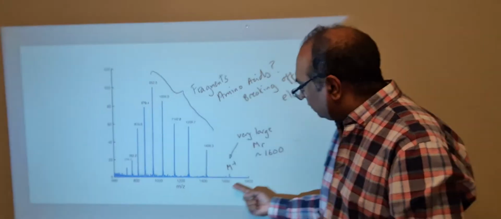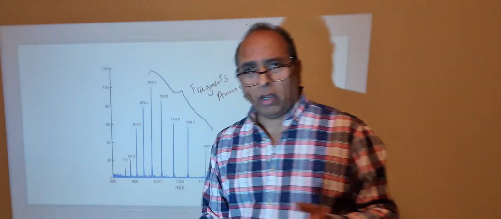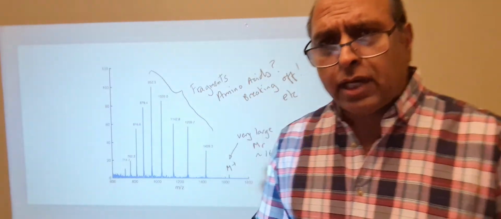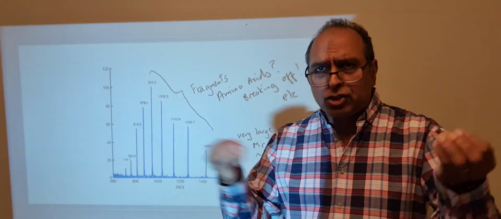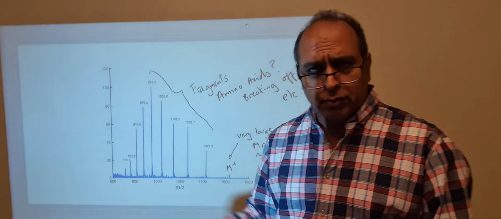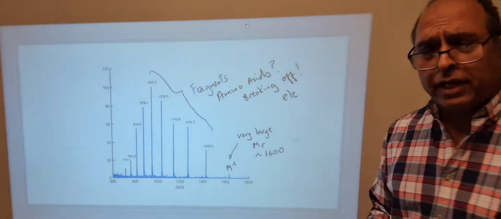And that will show up at lower values. You get various peaks showing up at lower values, which I think will be down to that protein breaking up and its structure breaking up into smaller and smaller pieces, perhaps amino acids breaking off, etc.